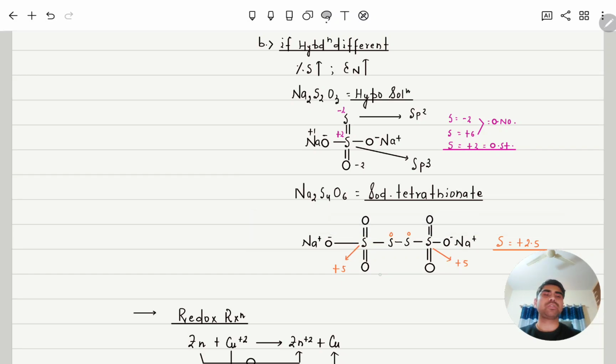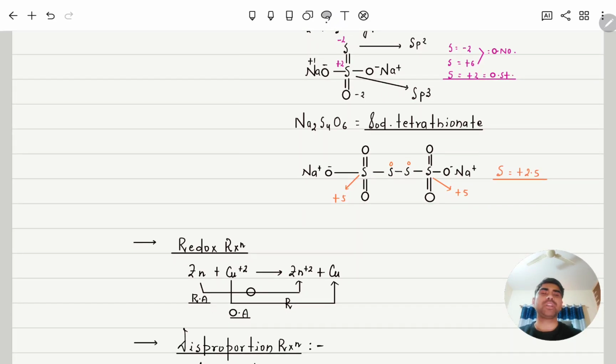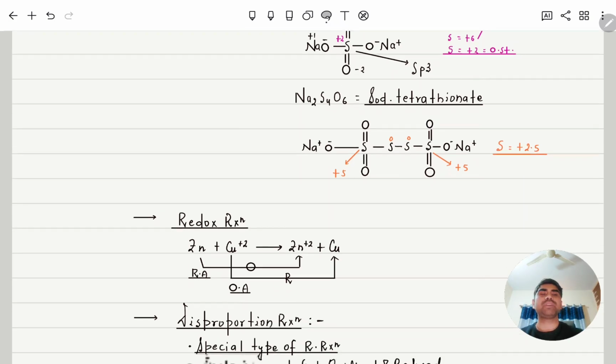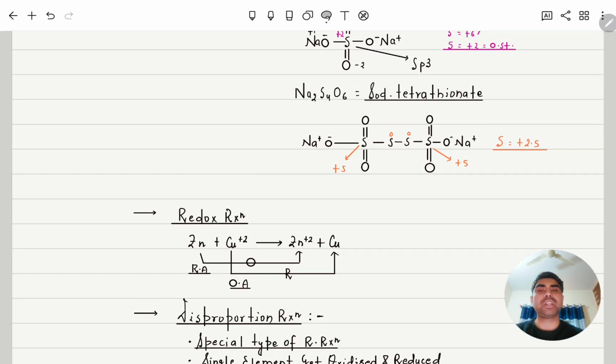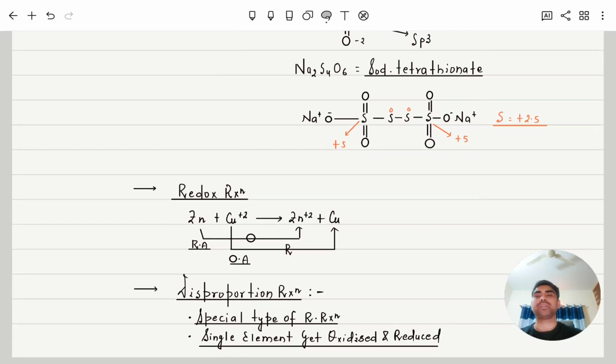Similarly this sulfur is also +5. Overall oxidation state will again be total charge by total atoms. So total charge is +5 and +5, 10, 0, 0, 0 only. So 10 by total number of sulfur atoms, 4, so oxidation state is 10/4, which means 2.5. So oxidation state is the average value, and oxidation number is the residual charge during bond formation, which we come to know by its structure.